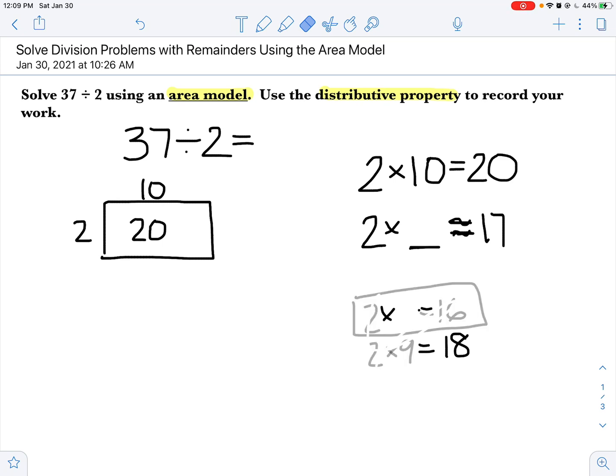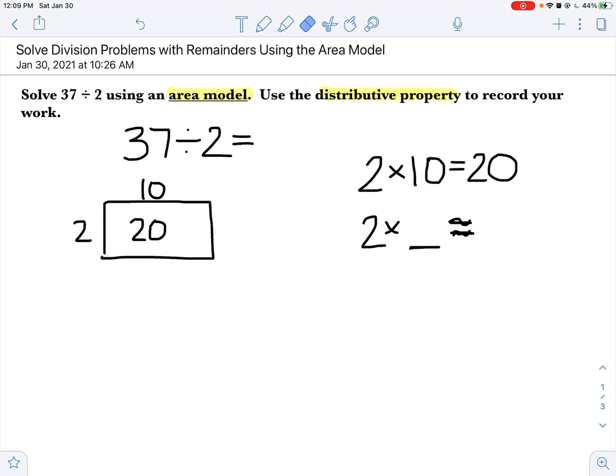So I'm going to think, okay, I know 2 times 8 gets me 16. So I'm going to show that on here as well. I'm going to tack it right on. I know this would be an 8, and that's going to get me a total of 16.